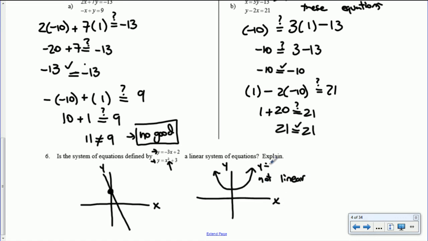So therefore, it's not a system of linear equations.